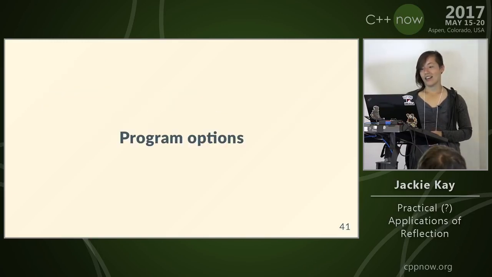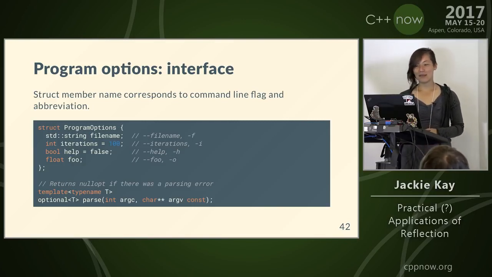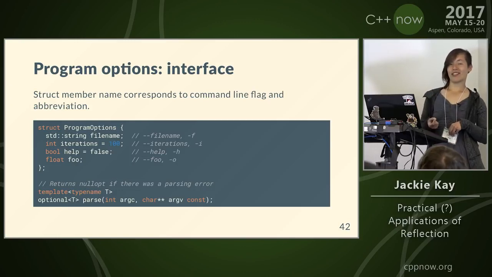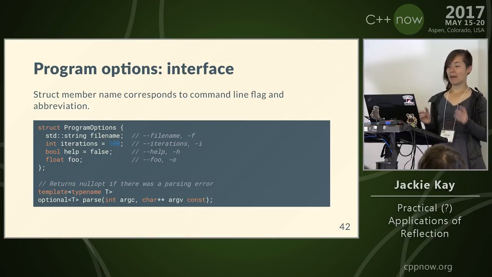So I wanted to do another practical example to ground us in reality again, and that's program options. A really common problem is parsing argc and argv. Almost every program does this, right? So what if we wrote this cool library where we could write a struct called program options, a pretty simple flat struct that defines members with names that map directly to their argument flags on the command line?